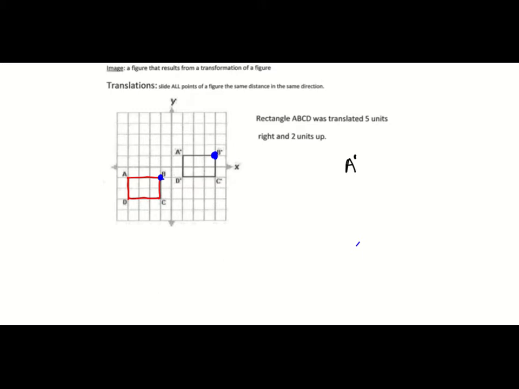So another way to write this translation would be to write it as a coordinate point. So this is called coordinate form. And when we write this, let's title it coordinate form. So this would be taking our coordinate, x, y.